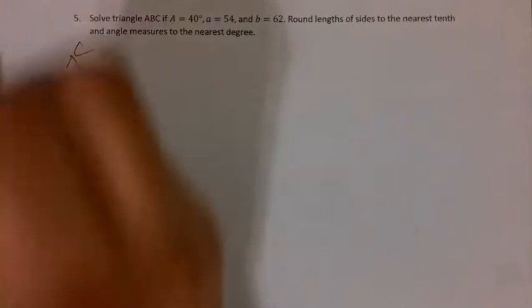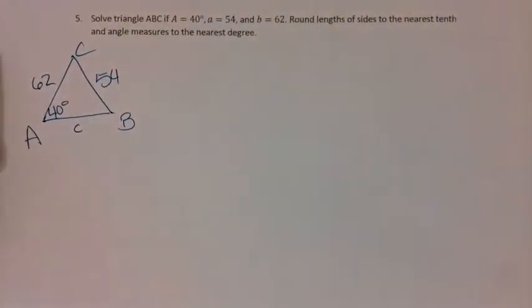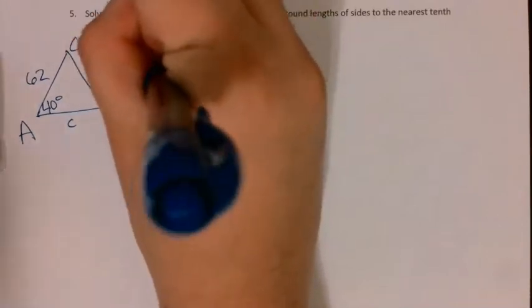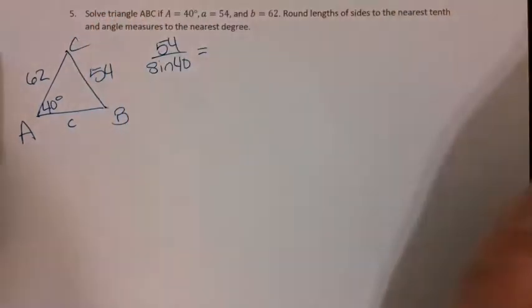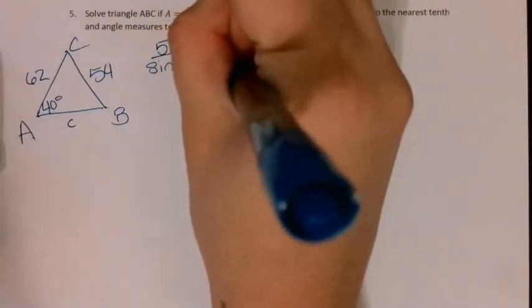So I want to search for my little c value, my angle of b, and my angle of c. So what I'm going to do here is start off by setting up my law of sines for A. So I have 54 over sine of 40. And I'm going to search for the angle measure of B first because it comes first in the alphabet. So I'm going to have 62 over sine of B.